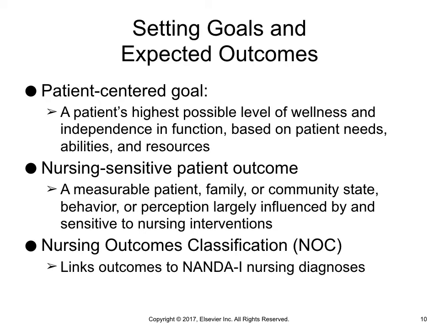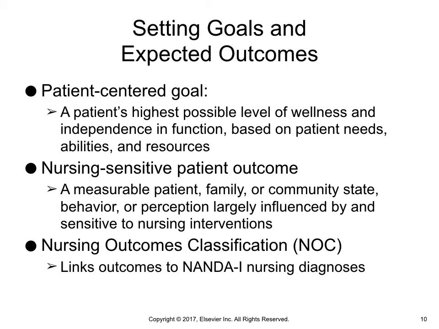For each NANDA nursing diagnosis, there are multiple Nursing Outcomes Classification suggested outcomes. The outcomes have labels for describing the focus of nursing care and include indicators or expected outcomes to use in evaluating the success with nursing interventions. The indicators for each NOC outcome allow measurement of the outcomes at any point.